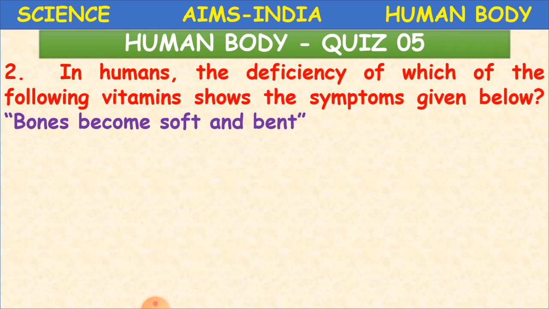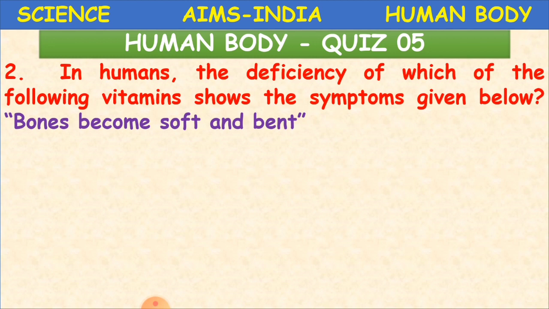In humans, the deficiency of which of the following vitamins shows the symptoms given below? Bones become soft and bent. So suppose which vitamin is not present in our body, then what will happen to our bones?